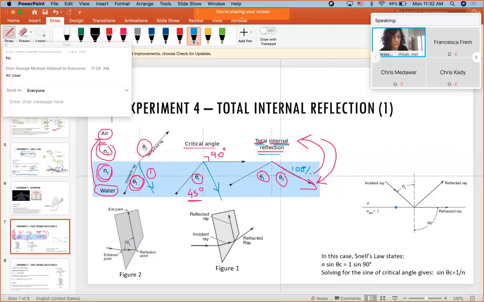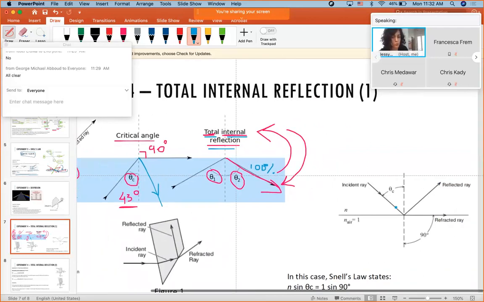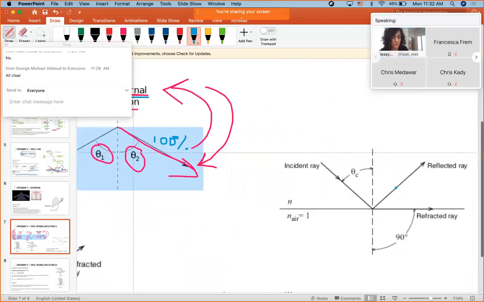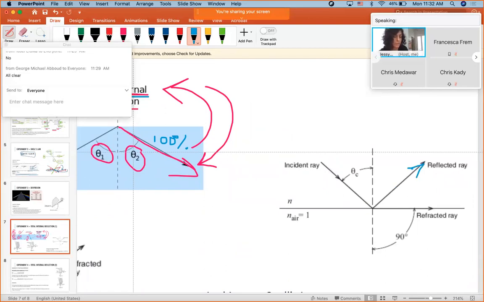All right, this shows you the incident ray, the reflected ray that is always visible, even if it's not 100%. And this is the refracted ray that makes 90 degrees with the normal. 90 degrees means theta 1 is equal to theta critical.